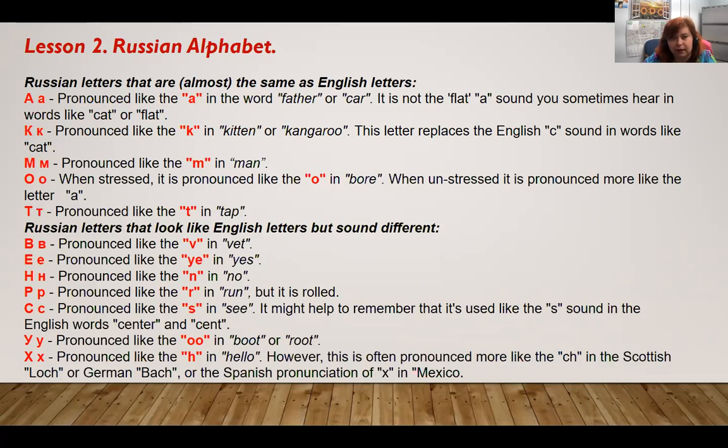Yeah, it's not like that, it's A. Another letter is K, pronounced like K in such words as kitten or kangaroo. This letter replaces the English C sound in words like cat, cattle. So K.